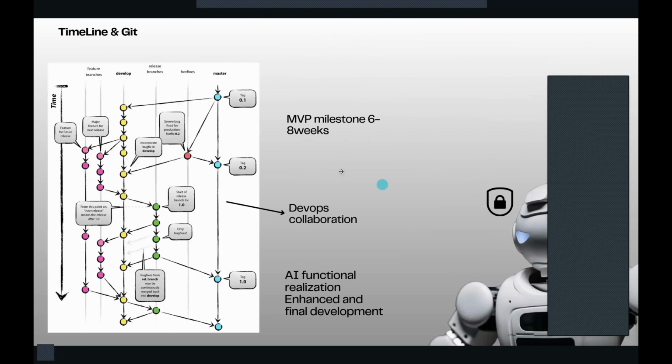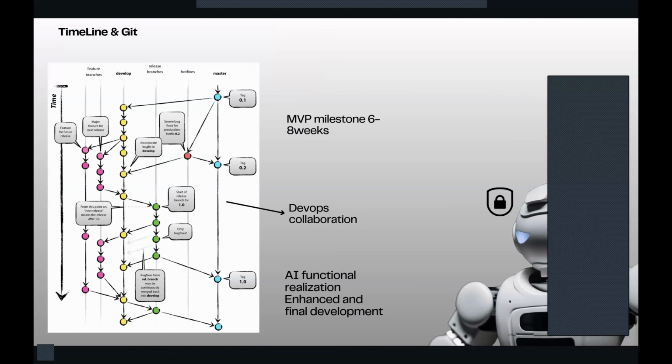And next page. So for our timeline and Git pipeline, we first design the MVP first-stage milestone as 6 to 8 weeks of design, using the Agile concept for our project timeline, and we collaborate with our DevOps teammates after the first stage and before the second stage design.